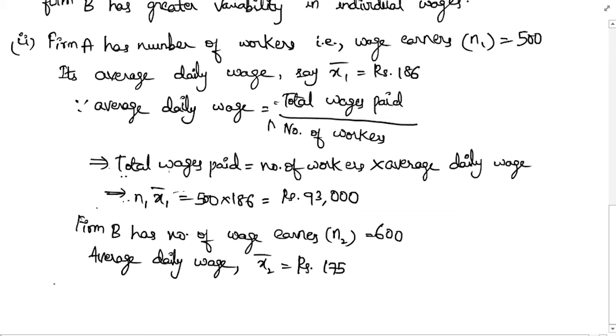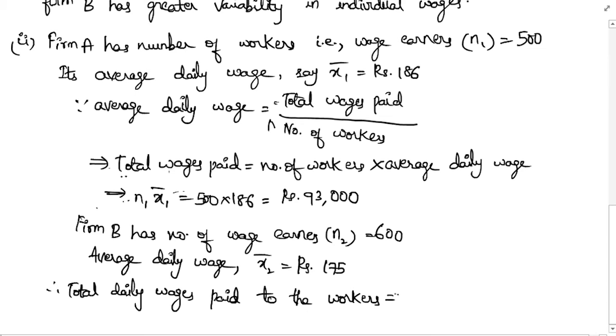So therefore the total daily wages paid to the workers will be equal to N2 into x2 bar, that is 600 into 175, which is equal to rupees 1,05,000.